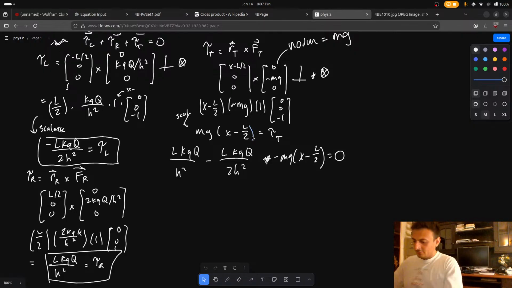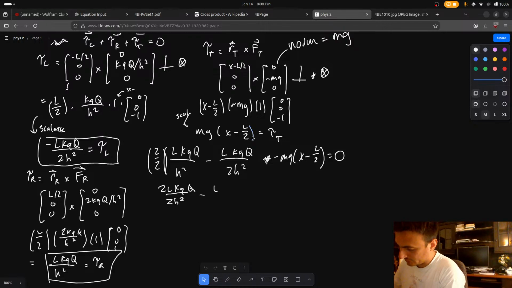Okay, now we can actually do this fun thing here, I think. Can't we just do 2 over 2, and then we get 2LkQQ squared minus LkQQ.